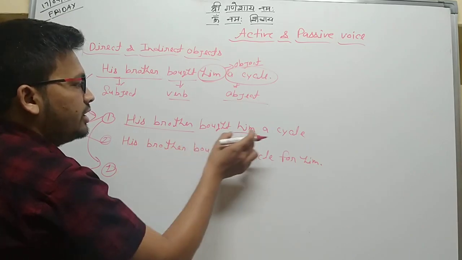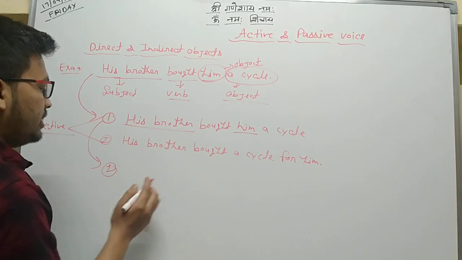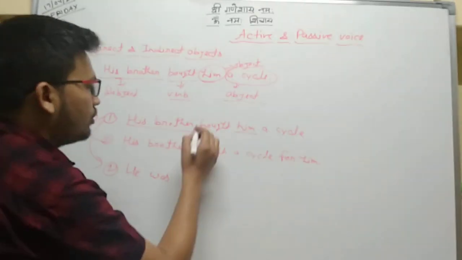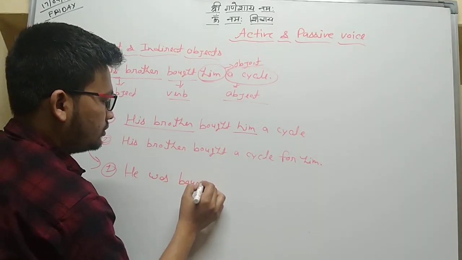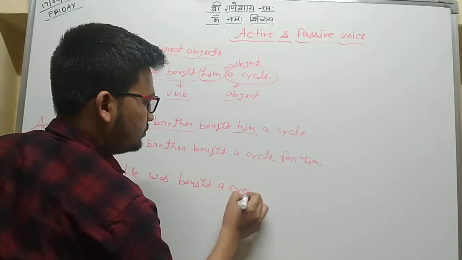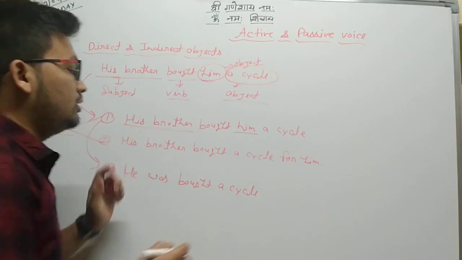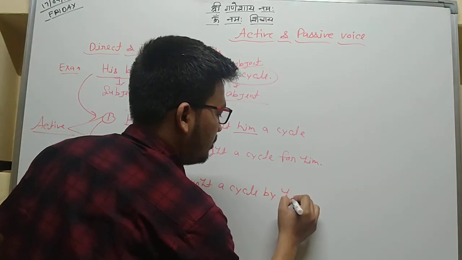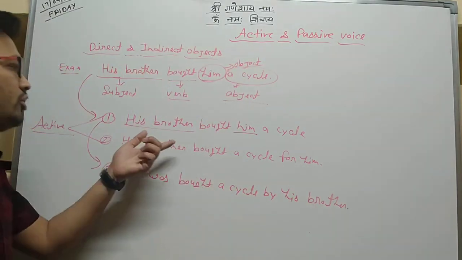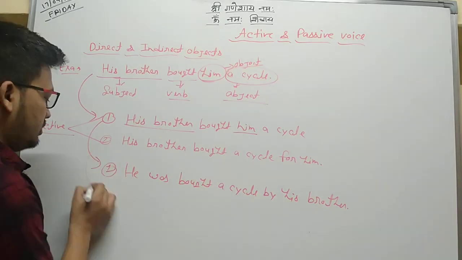His brother is the subject and him is the object. The object becomes the subject. He was bought a cycle by his brother.